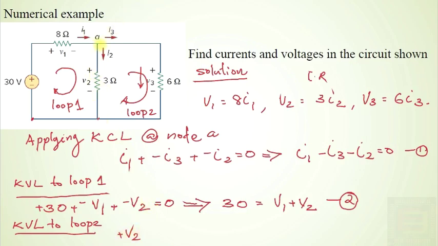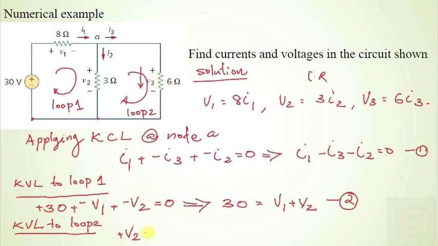Now we have reached here, and when you move from node A to this node, you are meeting a drop in potential because you are moving from a positive polarity to a negative polarity. So according to this sign convention, with this direction of movement, you are meeting a drop in potential.